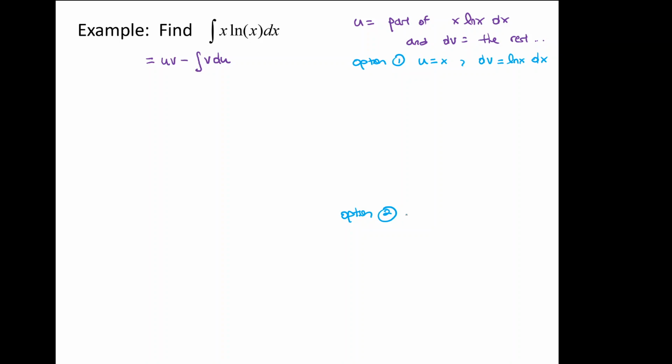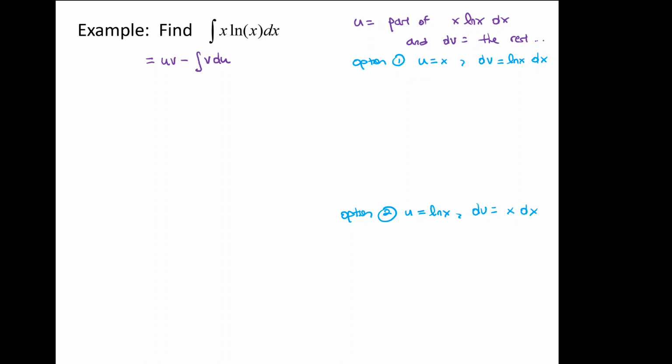If that doesn't work, we'll try the other way. We'll try to let u equal ln of x. And then dv is going to be x dx. Everything has to be accounted for.